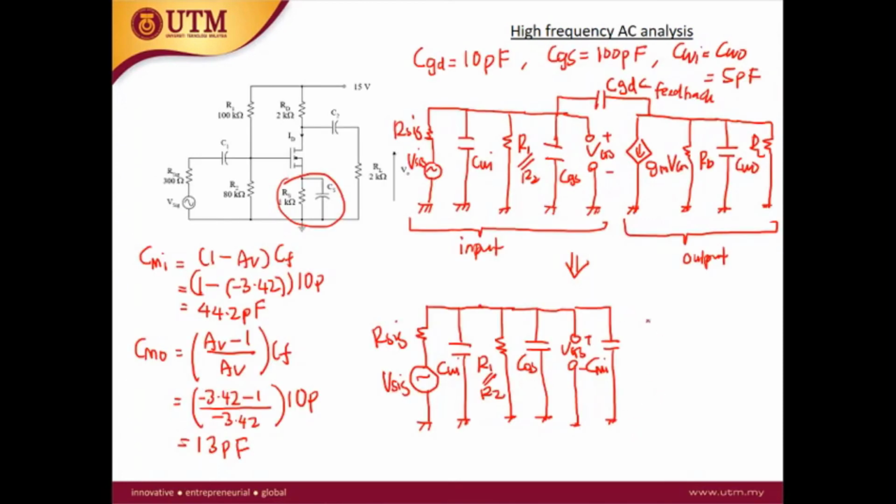At the output, you have CMO. This is your GM VGS, RD, CWO, and RL.